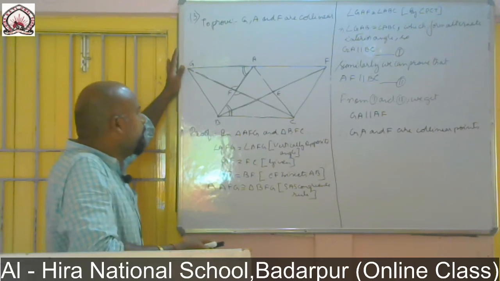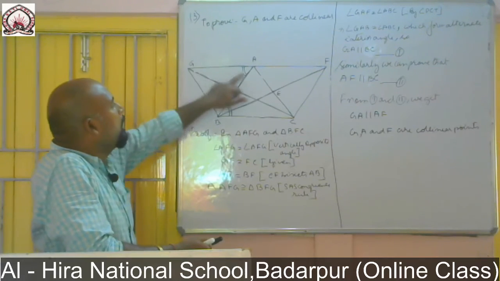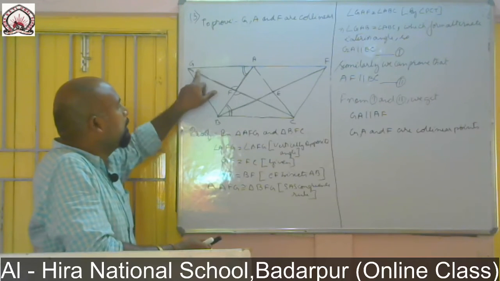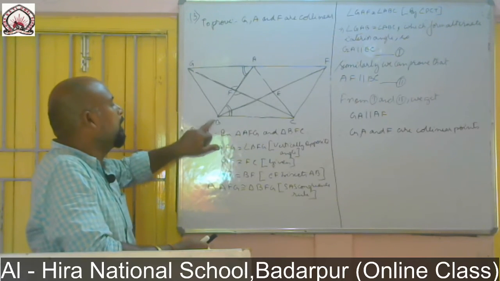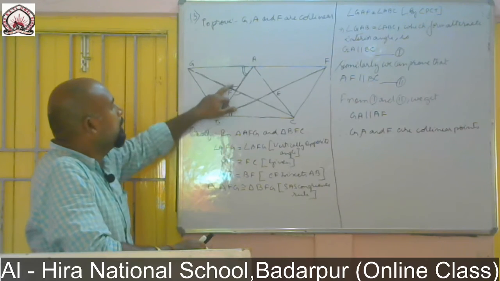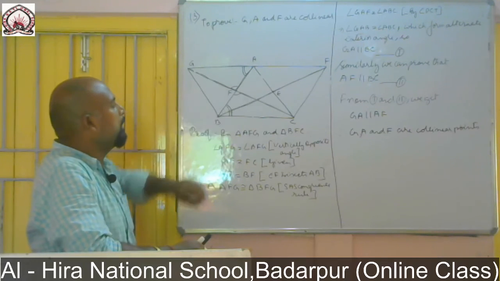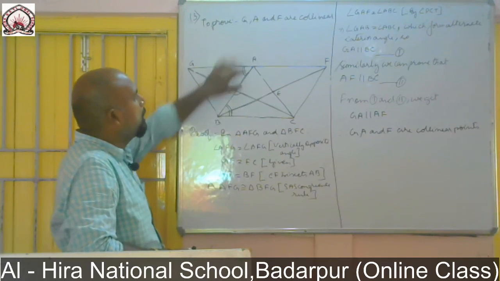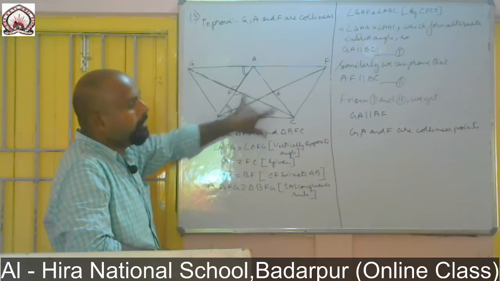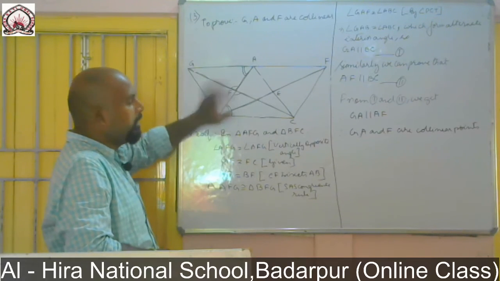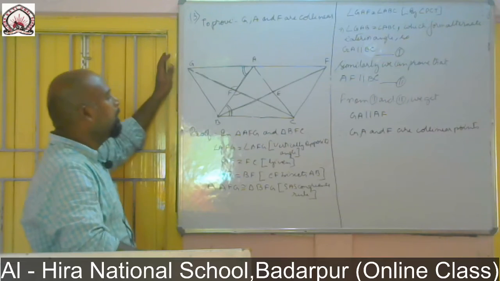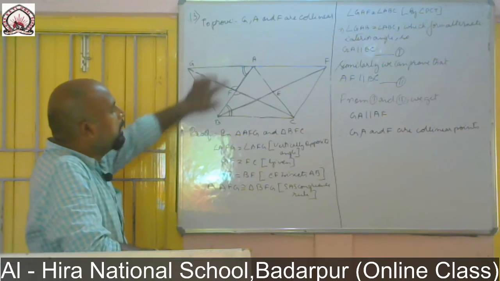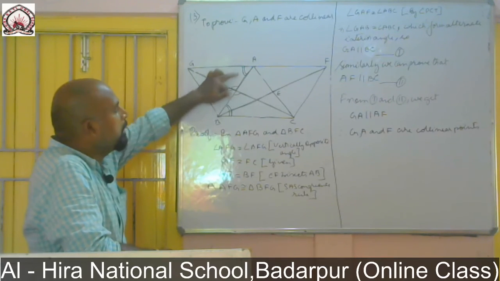Now, how have we proved it? In triangle AFG, and I consider another triangle BFC. These two angles are vertically opposite angles. This side is equal to this side and this side is equal to this side. They have given to us. These two triangles are congruent. Then we have proved that this angle is equal to this angle. Now these angles are equal.